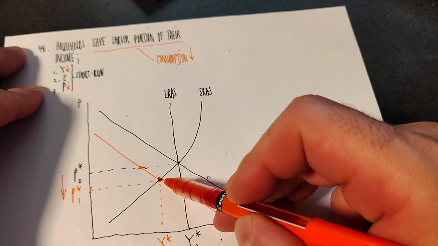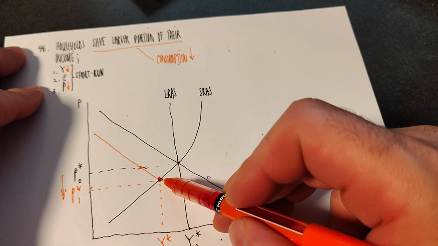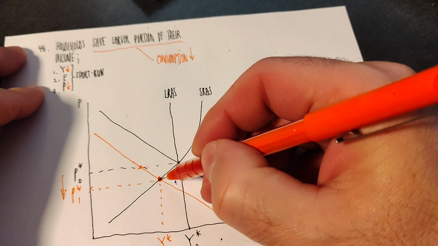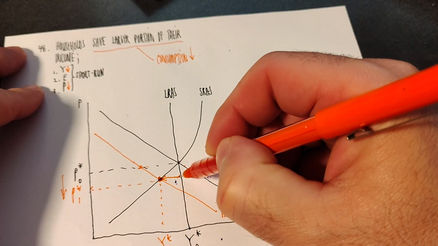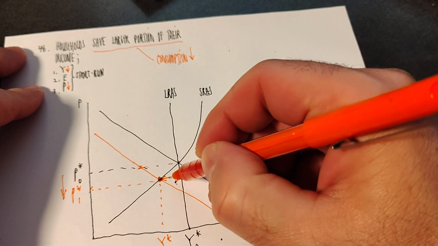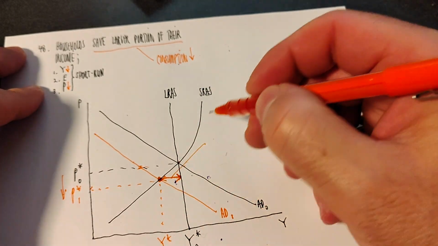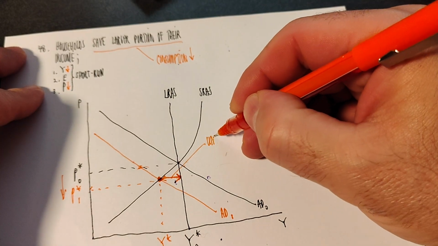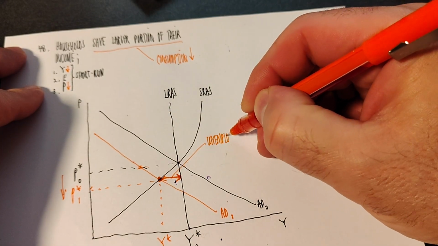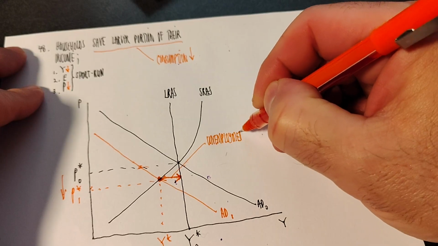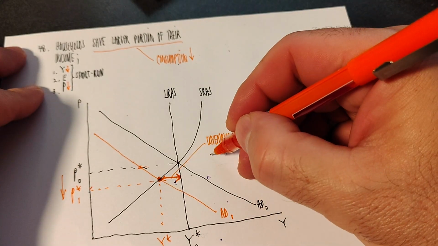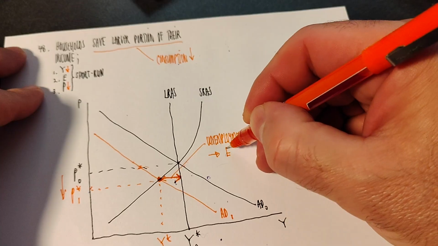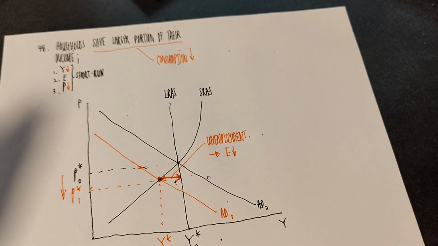Here we see that the output here is to the left of potential. So we got a little bit of unemployment here, all right? That's a little slack right there in the labor market. So this is unemployment. Which tells us that employment is going to fall, right?